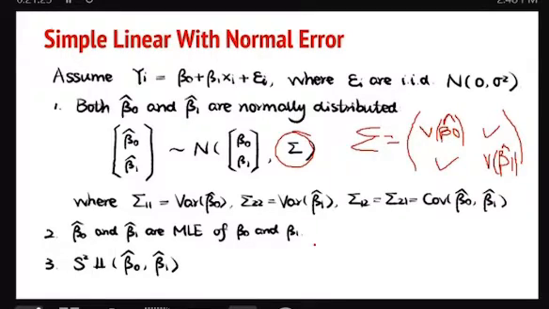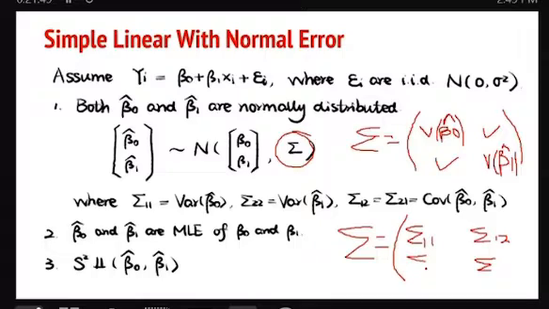Another way we can write the matrix is row 1, column 1, then 1 2, then 2 1, and this is going to be 2 2.